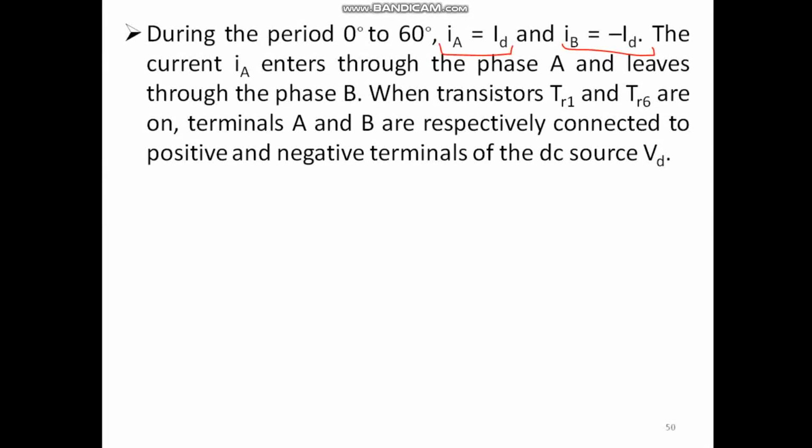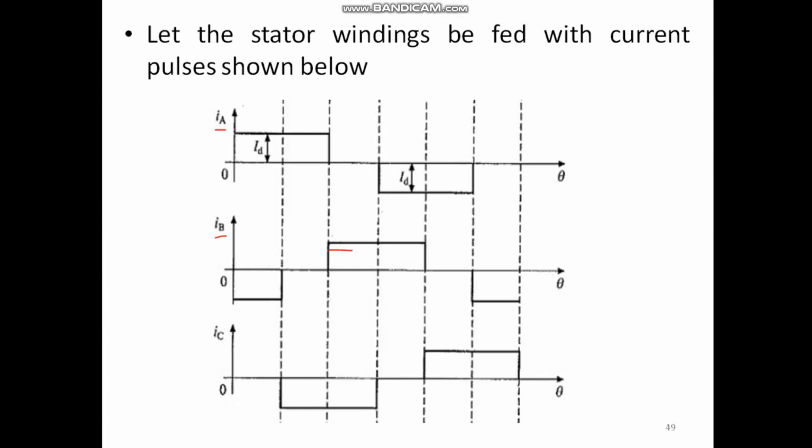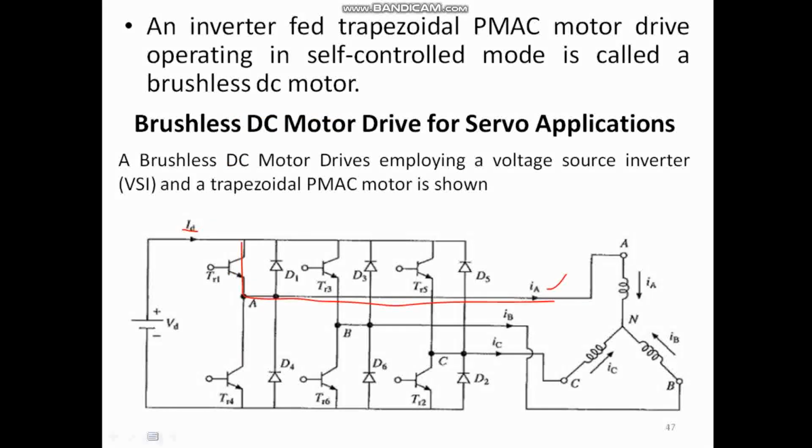The current IA enters through phase A and leaves through phase B. When transistors TR1 and TR6 are on, terminals A and B are respectively connected to positive and negative terminals of DC source VD. Let me come back to this.